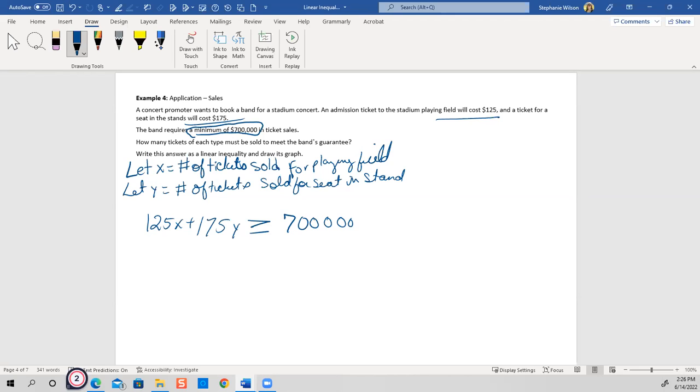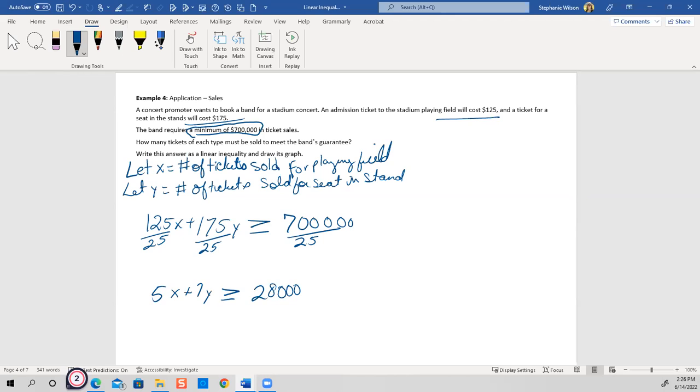I'm going to reduce it, divide by 25, to get it on a smaller graph. When I do that, I get 5x plus 7y is greater than or equal to 28,000.